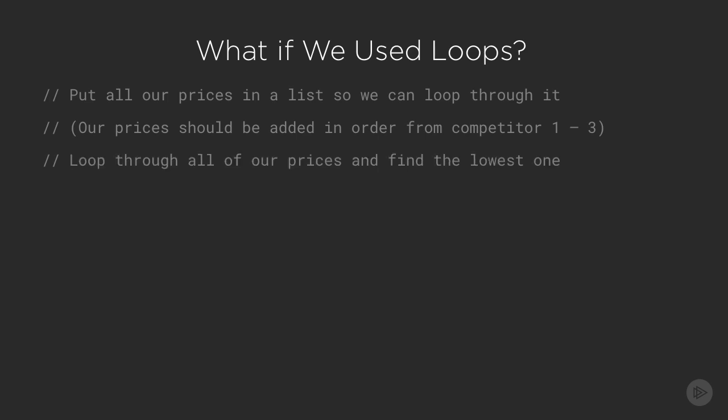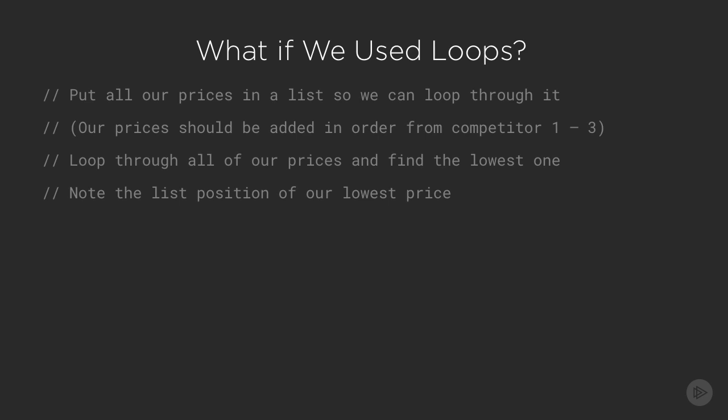Next, we'll loop through all our prices to find the lowest one. At this point, we run into the same dilemma we had in our dot notation solution. How do we match the lowest price with its competitor? Well, this time, since we use loops, we might be able to keep track of the position of the lowest price in our list. For example, we'd be able to say the lowest price is the second of the 3 price fields.